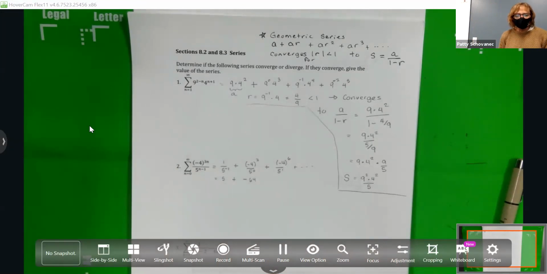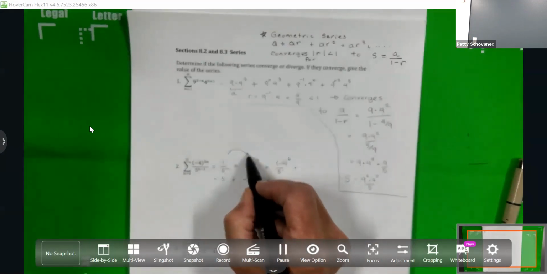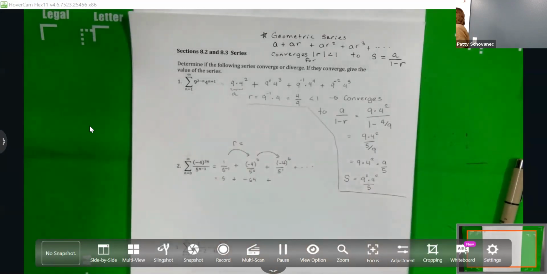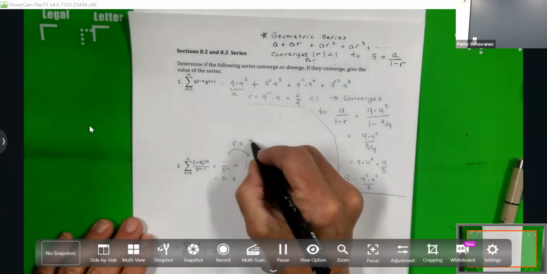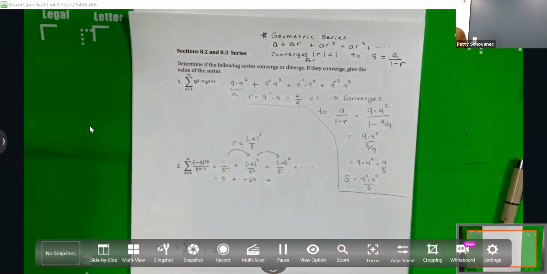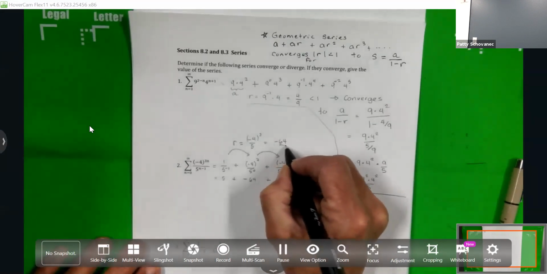So how is it that we're moving from one term to the next? What's our multiplier here? -4 cubed over 5. I agree. But -4 cubed over 5 is huge, isn't it? 4 times 4 is 16, times 4 more is 64, and it's going to be a -64 over 5.